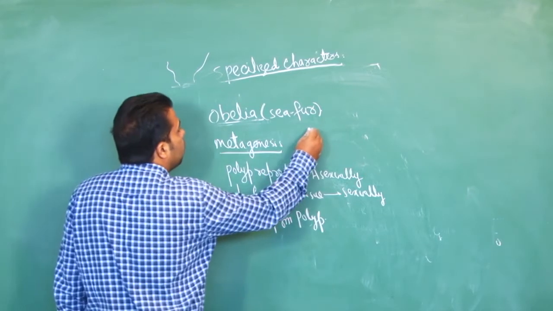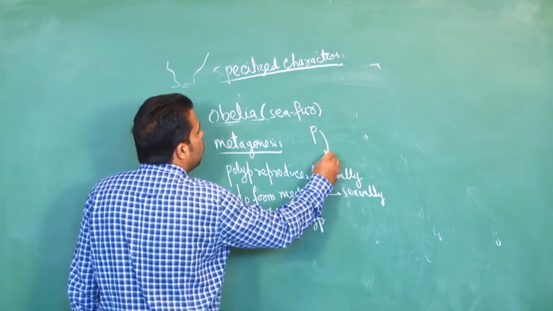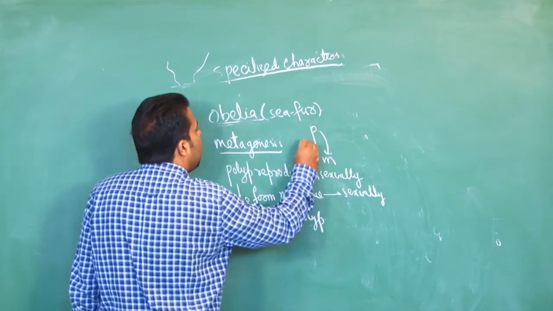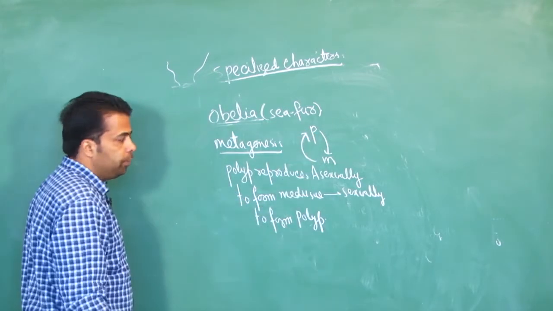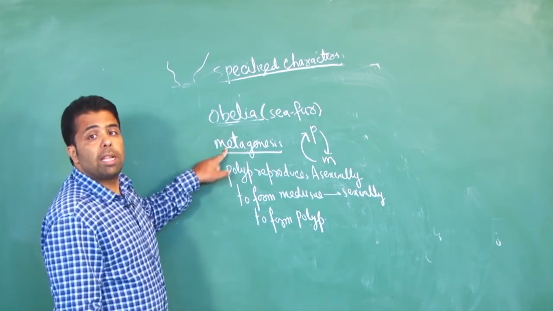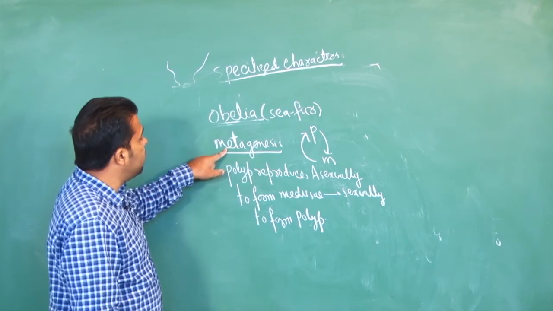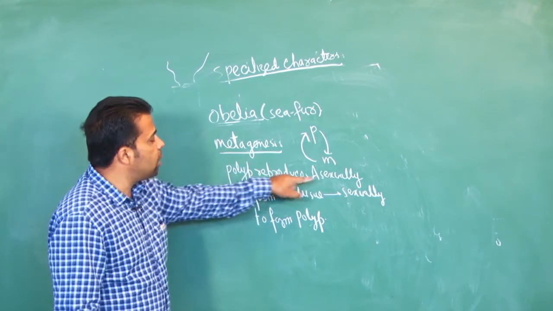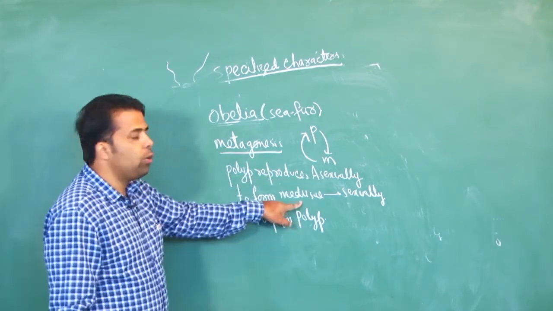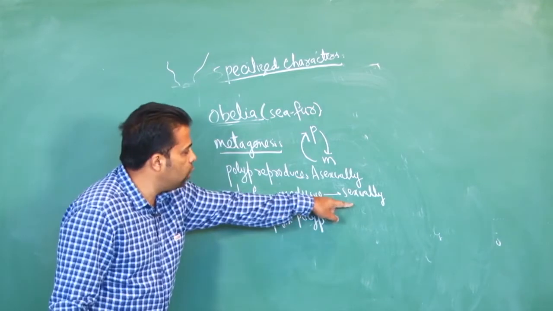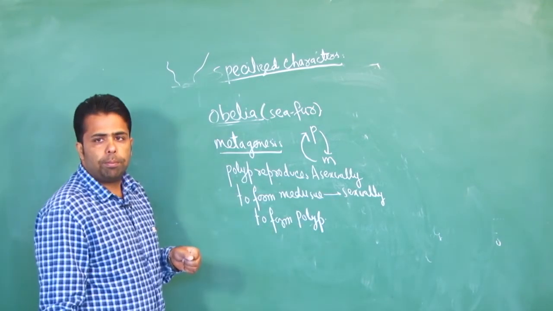So polyp gives rise to medusa, and medusa again gives rise to polyp. This is metagenesis. What is metagenesis? Polyp reproduces asexually to form medusa, and medusa reproduces sexually to form polyp.